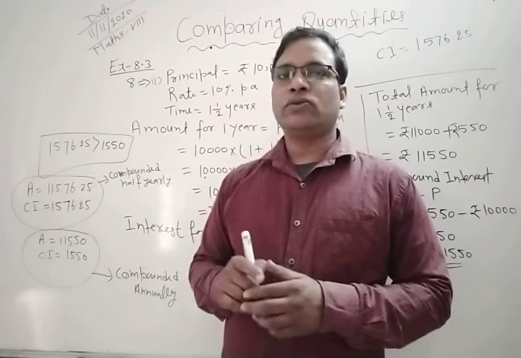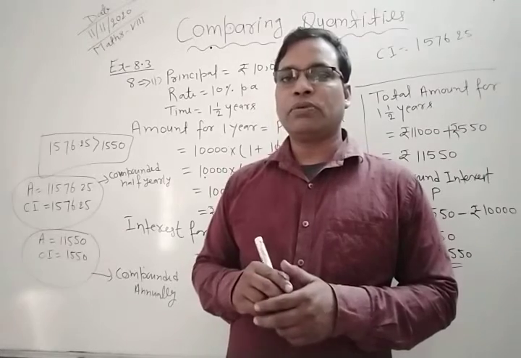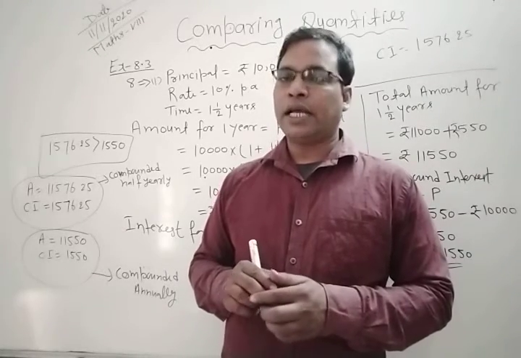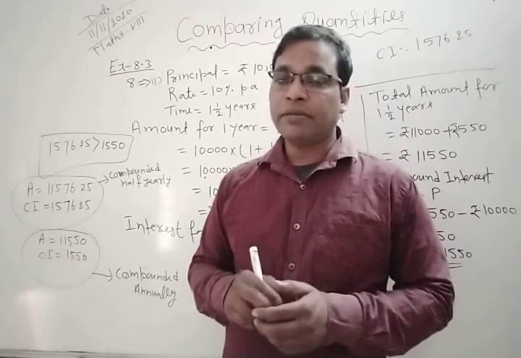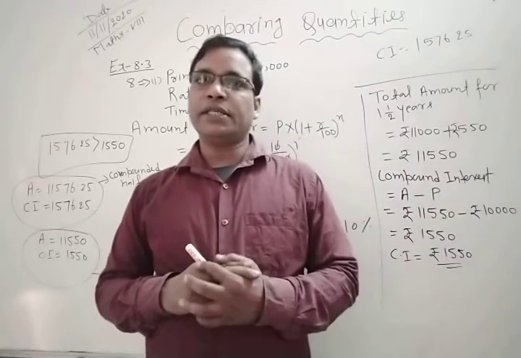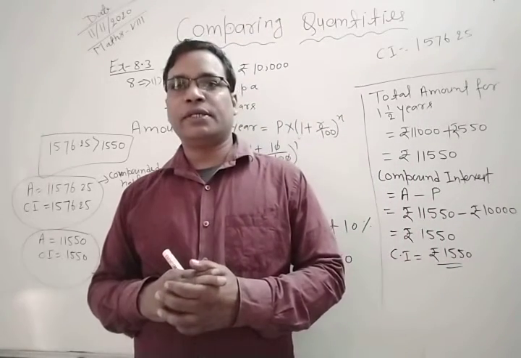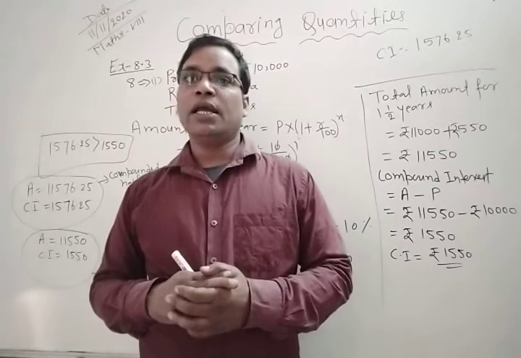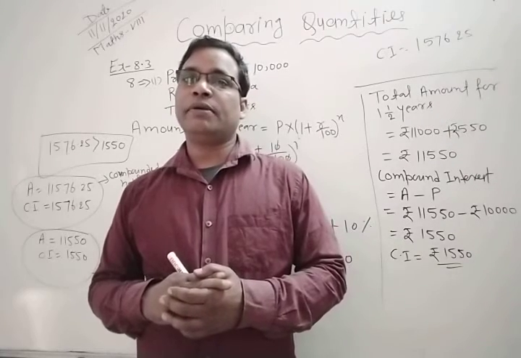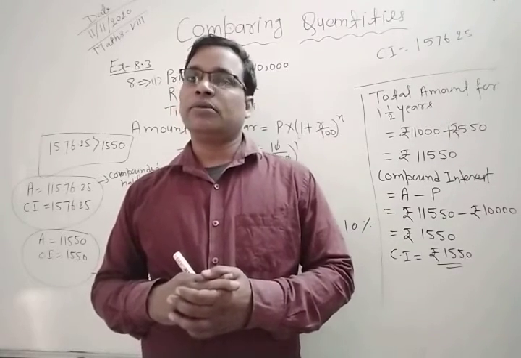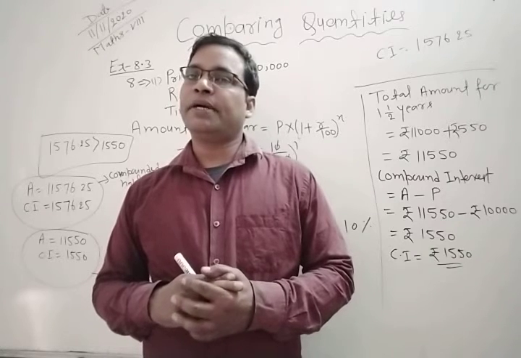In this question, the principal is given as 4,096 rupees, time is given as 18 months, which is 1.5 years, equal to 3 half years, and the rate is given as 12.5% per annum.